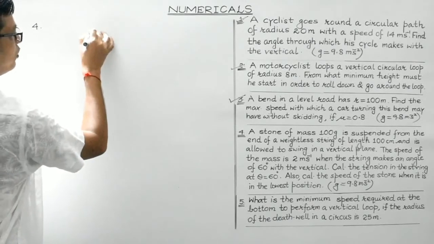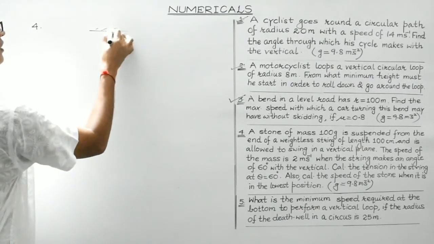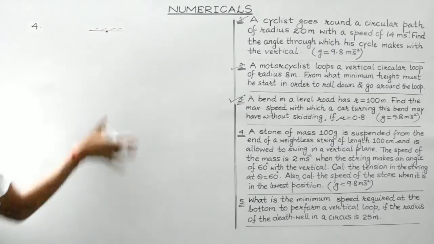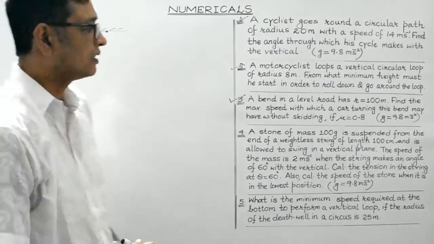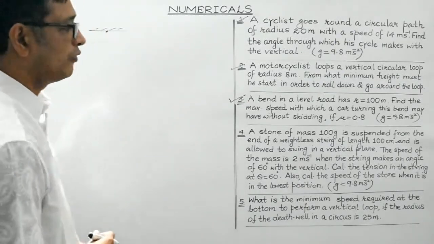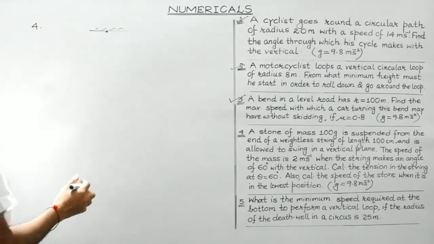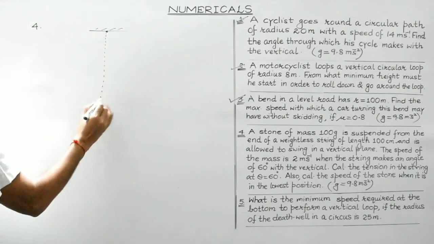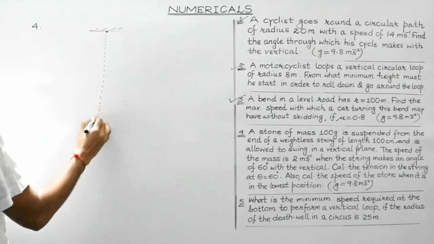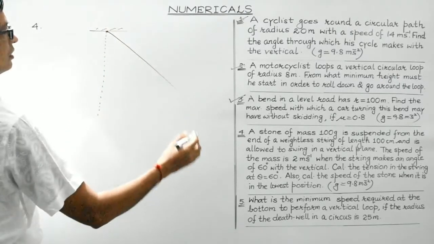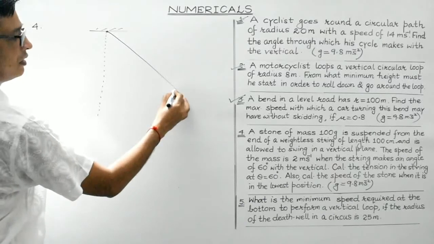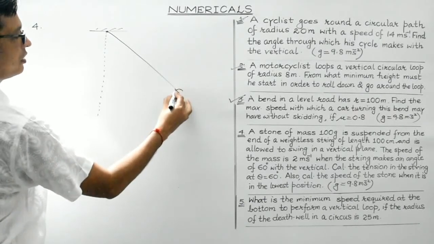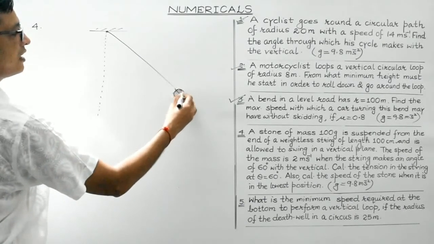Suppose this is the rigid support and this is the vertical plane. A stone of mass 100 gram is suspended from the end of a weightless string of length 100 centimeter. This is the vertical, and this is the string at the end of which a mass is attached.